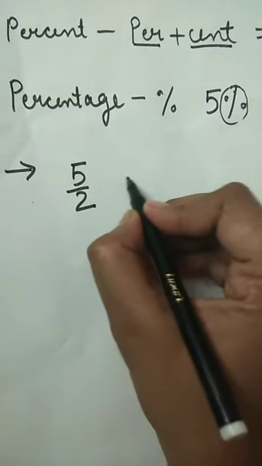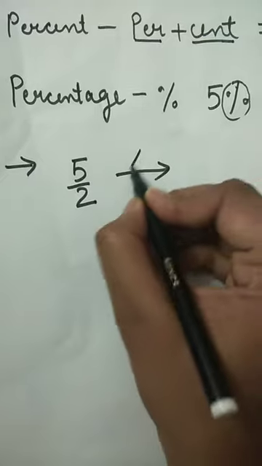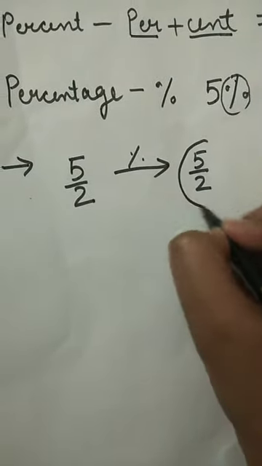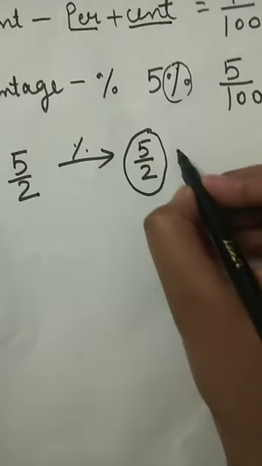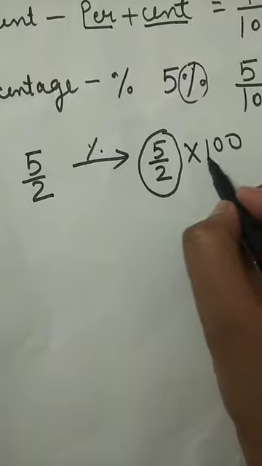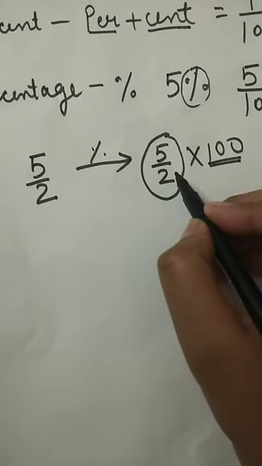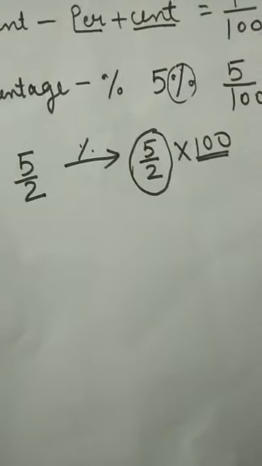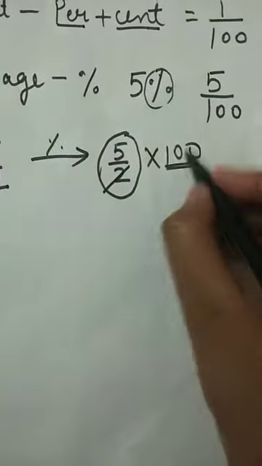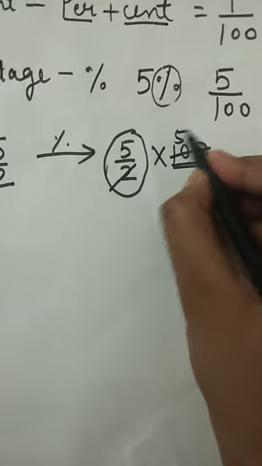So what we will do is multiply this fraction or rational number with 100. As soon as we multiply this number with 100, this fraction will change into percent. So we will cancel 2 with 100 and write 50.